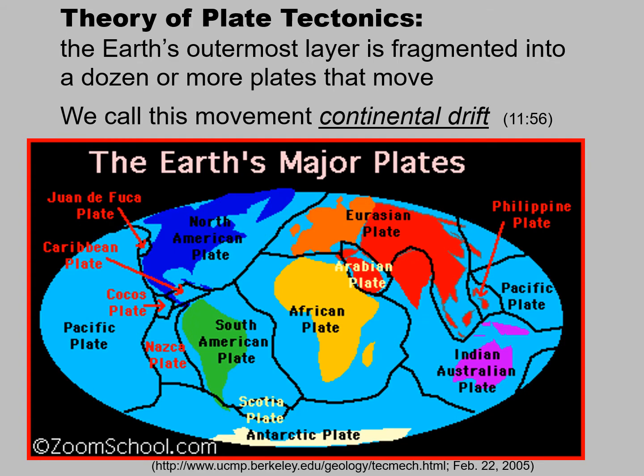The theory of plate tectonics states that the Earth's outermost layer is fragmented into a dozen or more plates that move, and this movement is the continental drift that Wegener proposed.